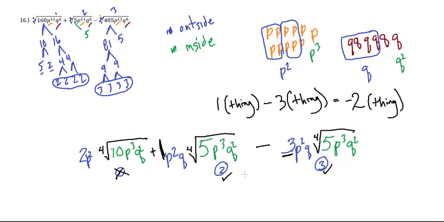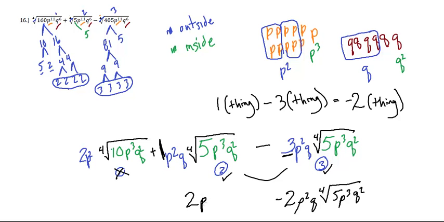So now I know 2 and 3 are going to combine to -2 p squared q 4th root of 5p cubed q squared. And that first term can't combine with anything, so it's just chilling out front anyway. And there's my final solution.